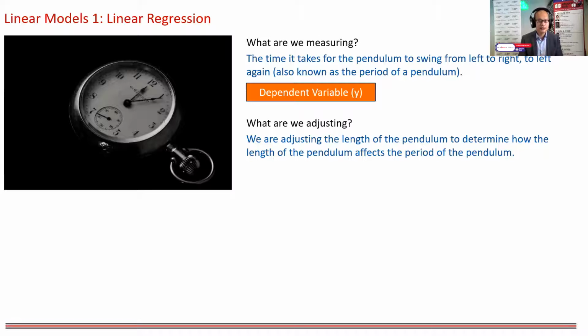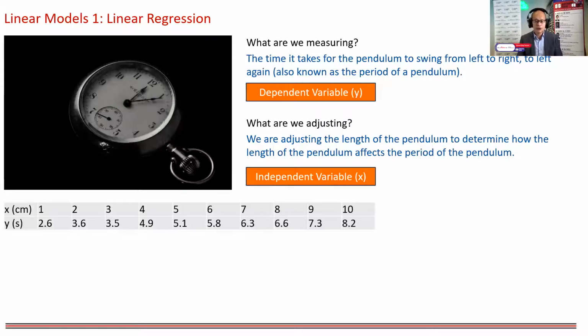Because it is dependent on all the other variables that may affect it. For example, the length of the pendulum or the weight of the pendulum. Hence, it is the dependent variable. We are adjusting the length of the pendulum, and that is known as the independent variable. Why is it independent? Because it's not affected by all the other variables around it. So I'm using the length of the pendulum to see how it affects my dependent variable, the period of a pendulum swing.